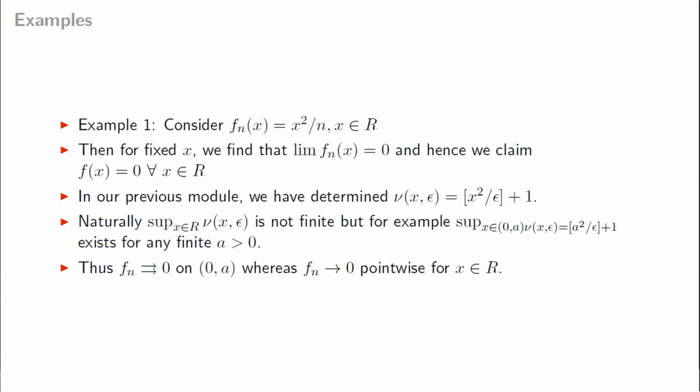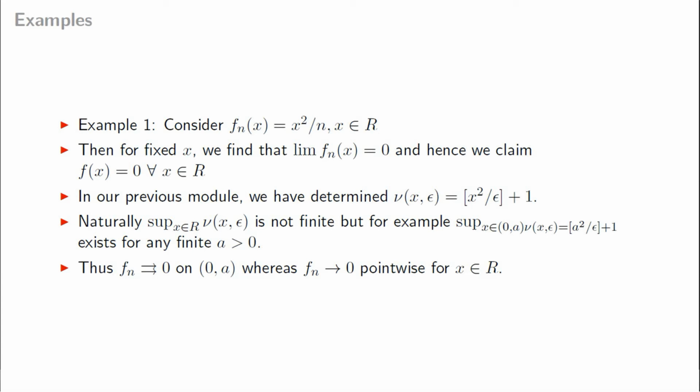Naturally, the supremum value of nu x epsilon over the whole real line is not finite, but for example, if we consider the supremum value over some subset, say 0 to A, then we get the supremum value as the box of A square by epsilon plus 1, which is finite as long as A is finite. Therefore, f_n converges uniformly on the open interval 0 to A, whereas f_n converges to 0 pointwise for every x belonging to the real line.